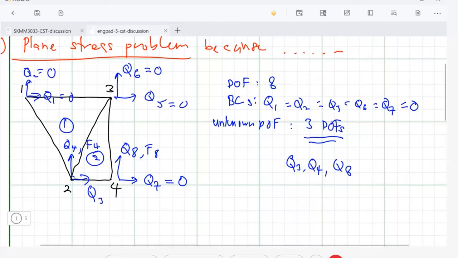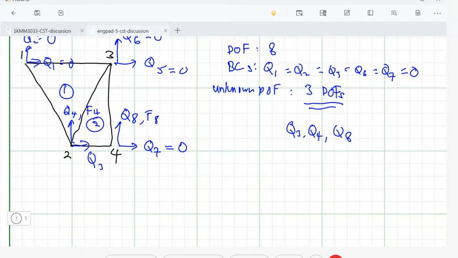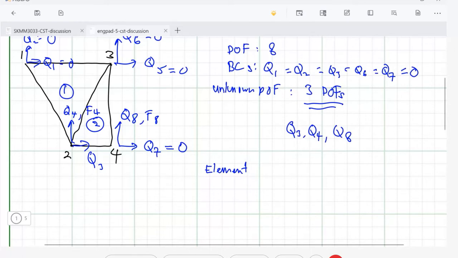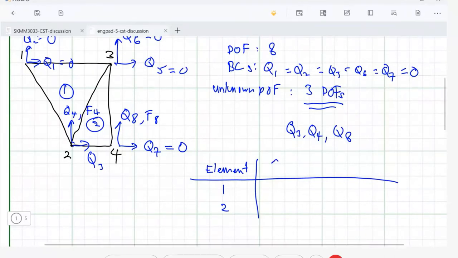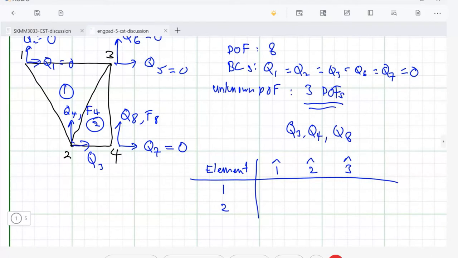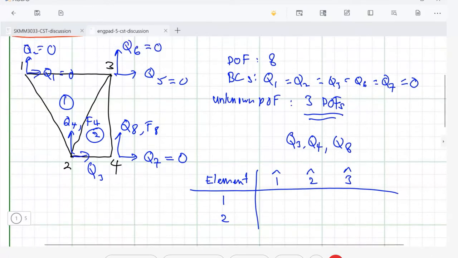All right. So in this case, I also need to do my element connectivity table. For element one and element two, you know that for our CST there is local node one, local node two, and local node three. For element 1, local node 1 is this, local node 2 is this, local node 3 is this.